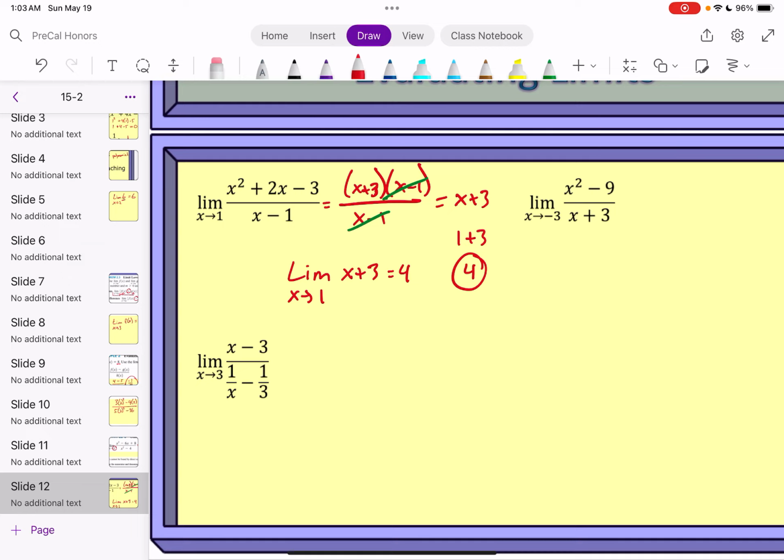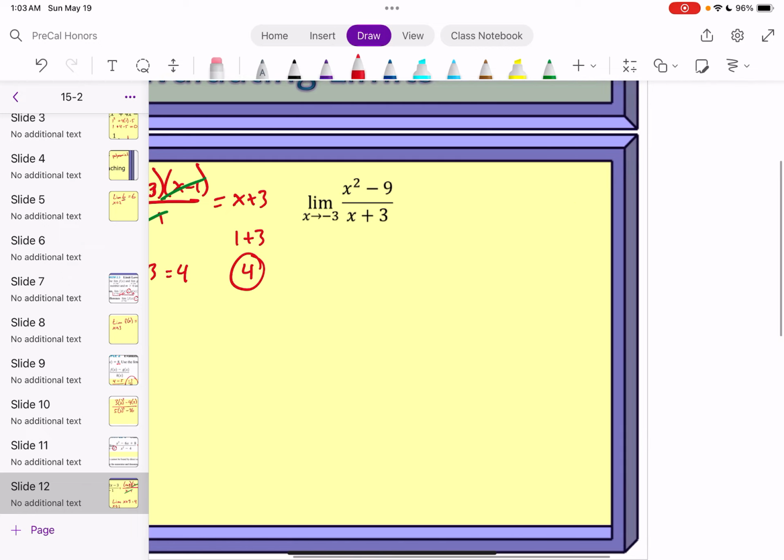We repeat the same process all over again. Here we break down our numerator to x plus 3 times x minus 3 over x plus 3. This will leave you with just the x minus 3. We go ahead and plug in a negative 3.